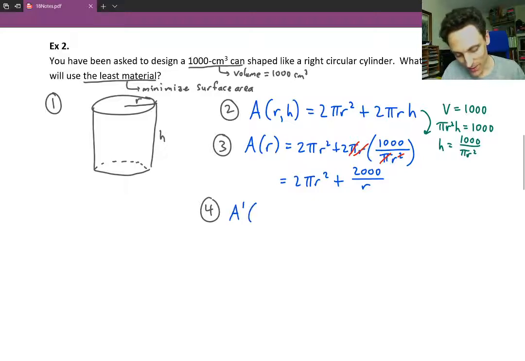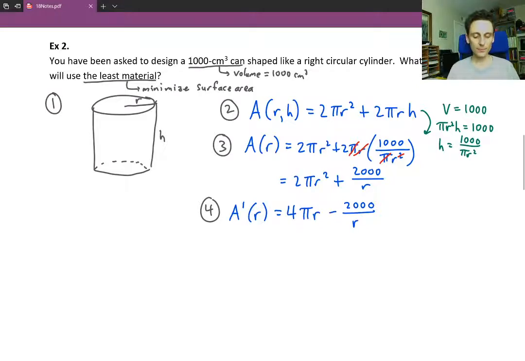So we're going to take the derivative with respect to r. We get 4 pi r. And then if you take the derivative of 1 over r, you get negative 1 over r squared. So this will become negative 2,000 over r squared. Again, you can rewrite 1 over r as r to the negative 1 if you like.